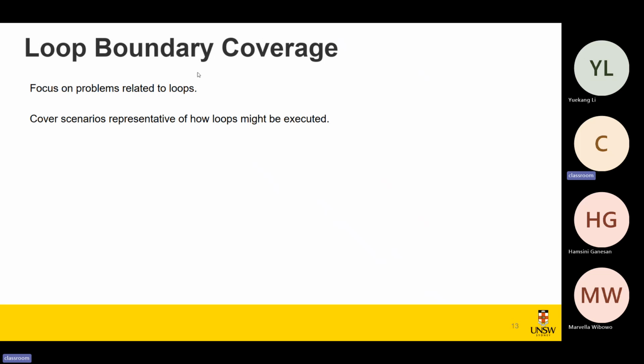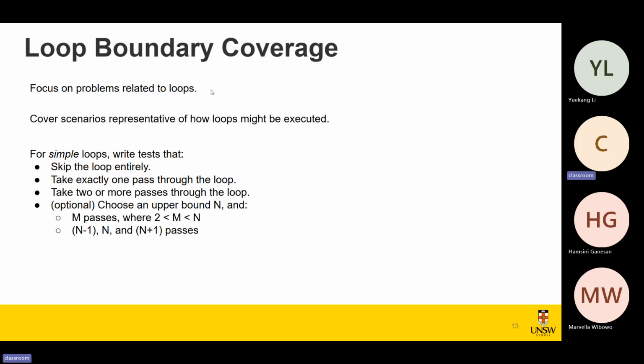So just now for boundary interior coverage, we don't care about how many times a loop could be executed. Here, it is like a complementary strategy for boundary interior coverage. So instead of caring about the potential subpaths inside the loop, we only care about how many times a loop could be executed.